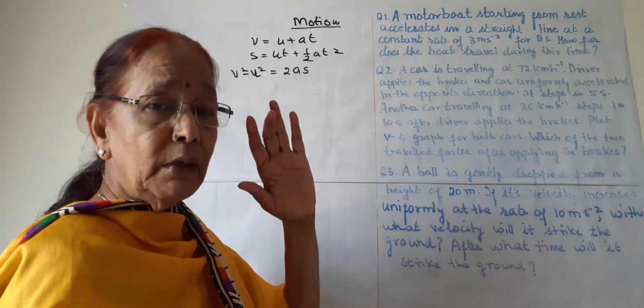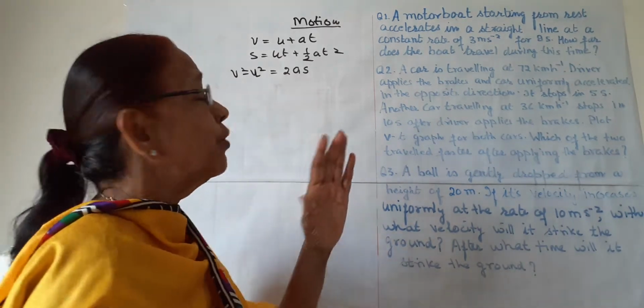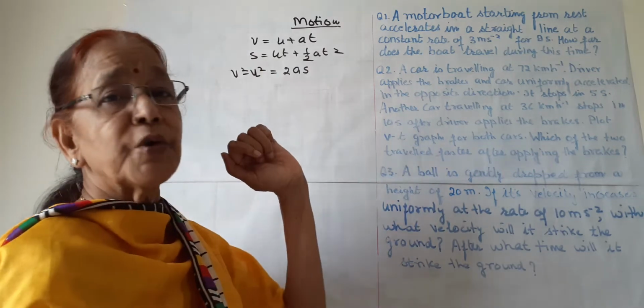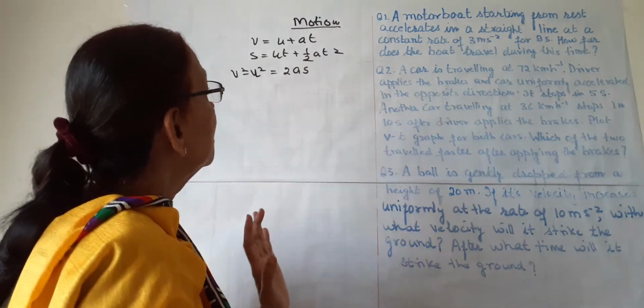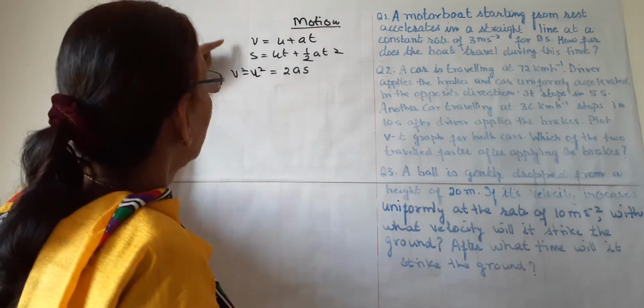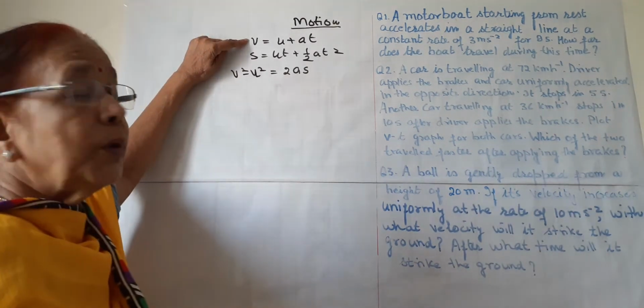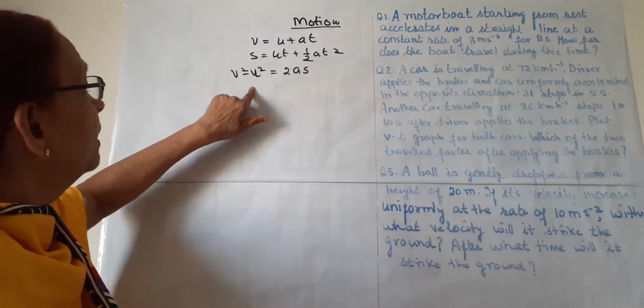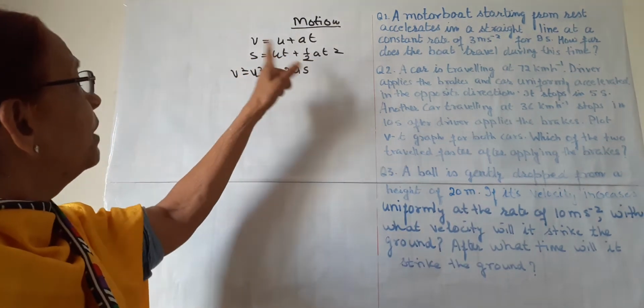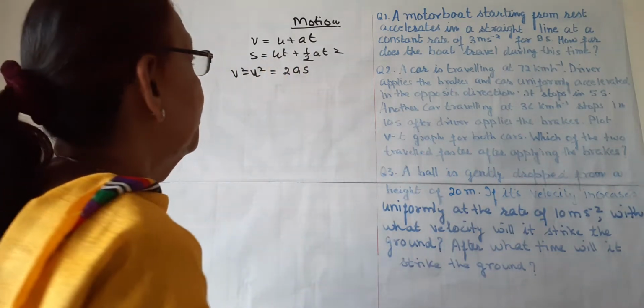For uniformly accelerated motion, these 3 equations are valid. So you have to learn these 3 equations. From the first we can calculate velocity, from the second distance, and from the third any parameter can be calculated.